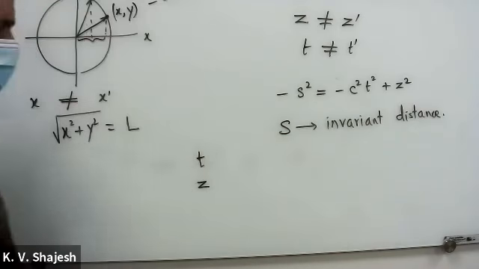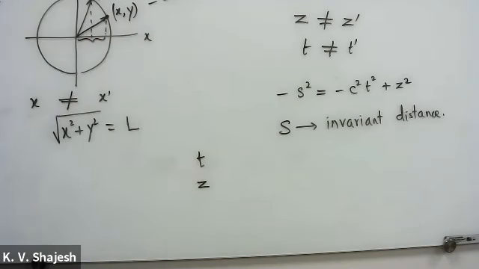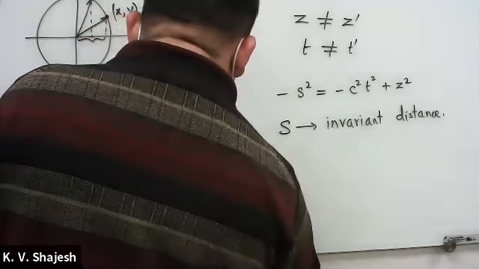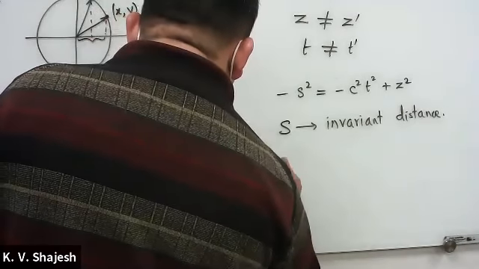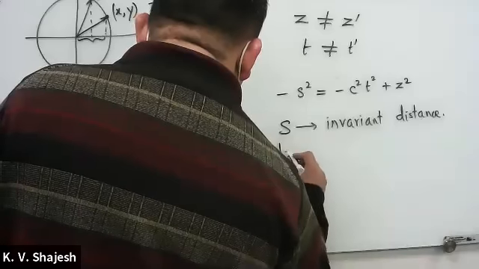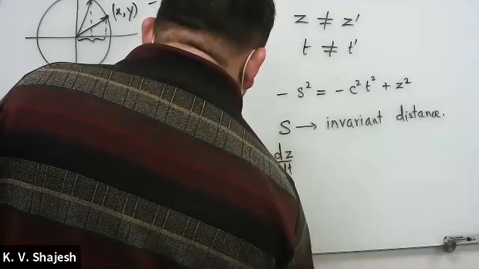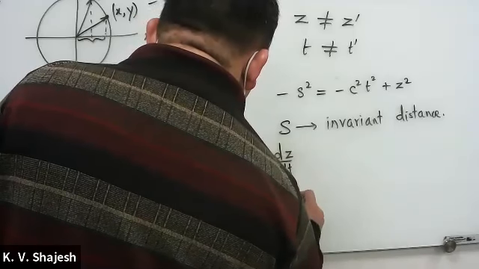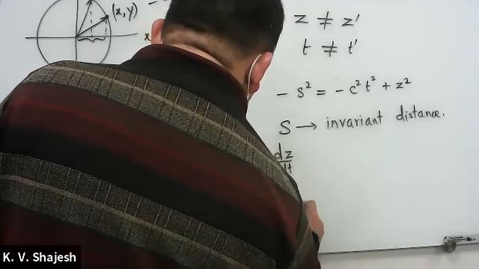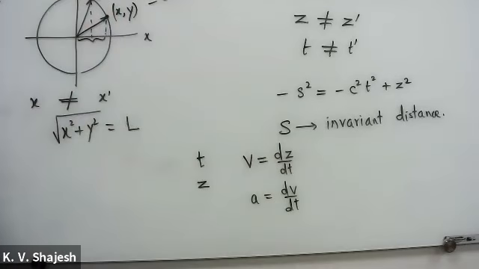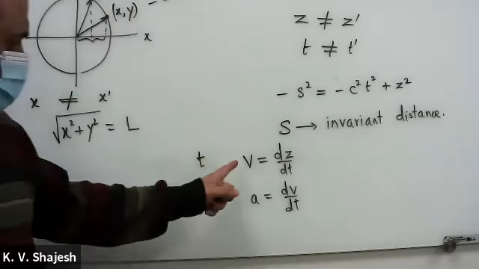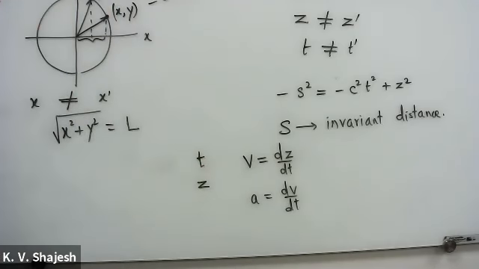So that's given. Once you know these two quantities, you define velocity. Velocity is defined as dz over dt. And then you define acceleration, which is dv by dt. So you do calculus there, right? So first you say there is a notion of time and space. You define velocity and acceleration.